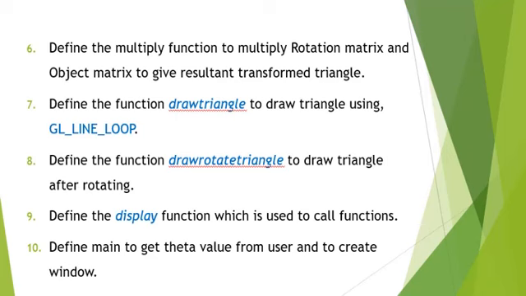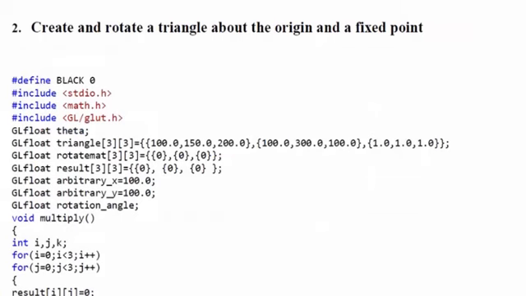Now let us see the program, our code. Yes, here you can see that we are going to define all the variables: theta, the triangle as a 3 by 3 matrix. Then here we have taken the x and y axis and also the color, that is the x axis, y axis, and the color of the outline.